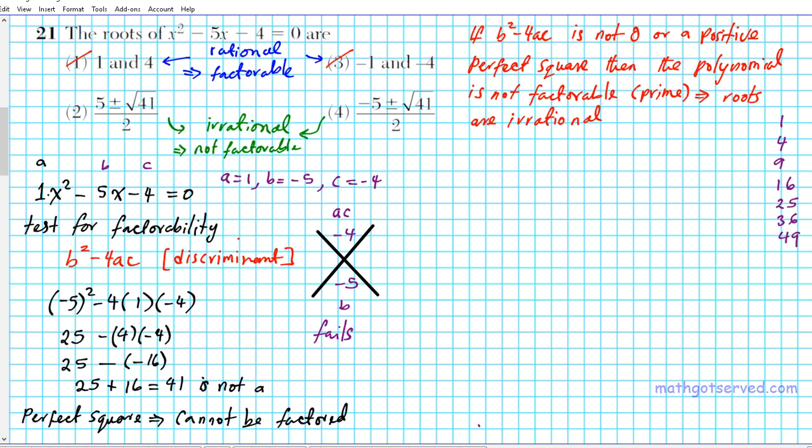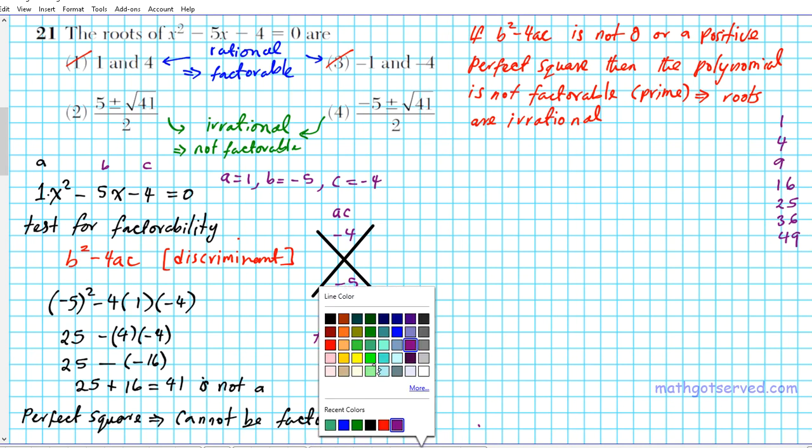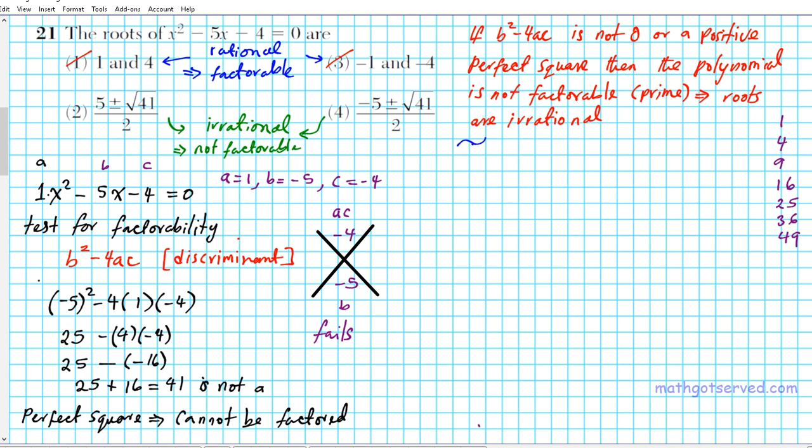So what does this tell us? In the bigger picture, this tells us that the X game, the factorization method, does not always work. Please keep that in mind. That's why you need to have a backup plan when you are solving quadratics.